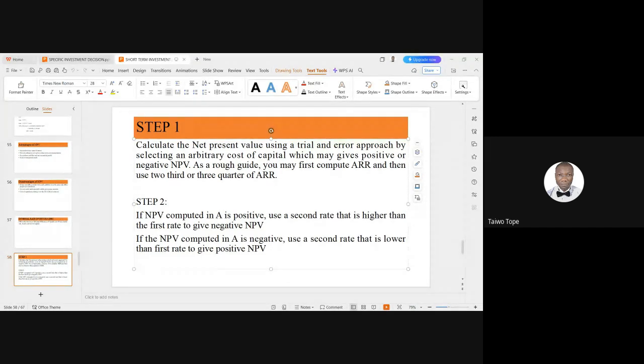And one more disadvantage of this is that the use of interpolation only provides an estimate, and an accurate estimate requires the use of a spreadsheet program.